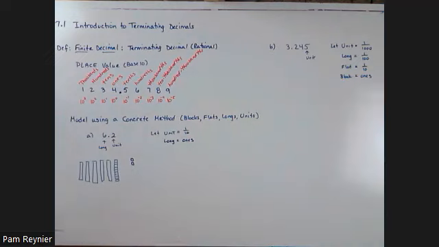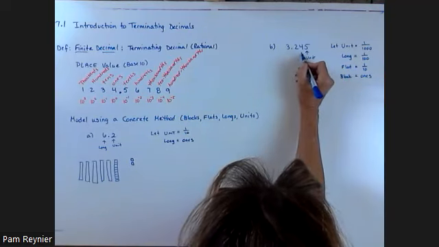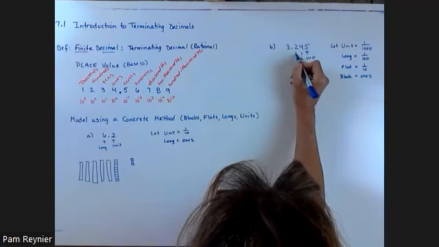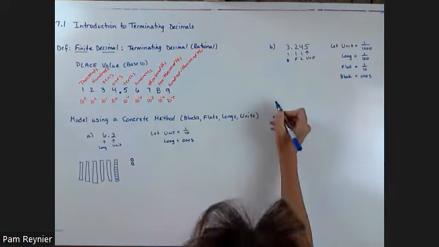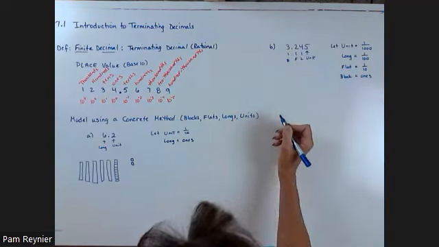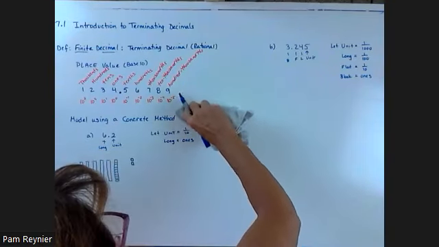So if we were to model this and draw it out, we can represent this in a lot of ways. This would say, okay, here's your units, here's your long, here's your flat, here's your block. So we have 3 blocks. I'm going to need this space, so I'm going to get rid of this.